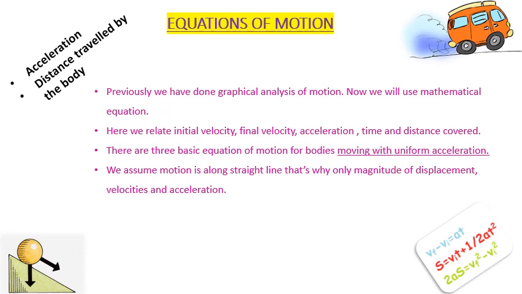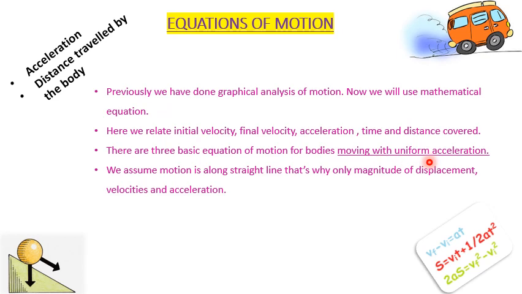In these equations we will relate initial velocity, final velocity, acceleration, time and the distance covered by the body. These terms will be used, and these equations of motion are specifically for the bodies moving with uniform acceleration. It is applicable only in those cases where the body is moving with uniform acceleration.